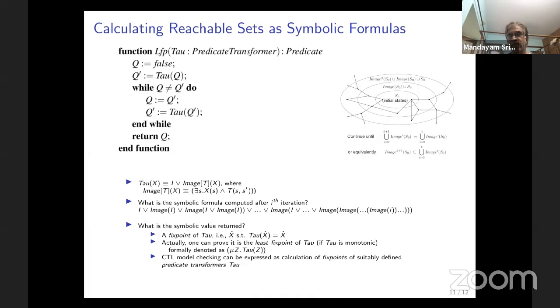Even in the explicit state algorithm, you see there was a fixed point thing. It eventually led to the SCC, the strongly connected components, which were like fixed point artifacts you were reducing to. Whereas here you are doing it directly on the formulas. The end game is computing fixed points of these tau.